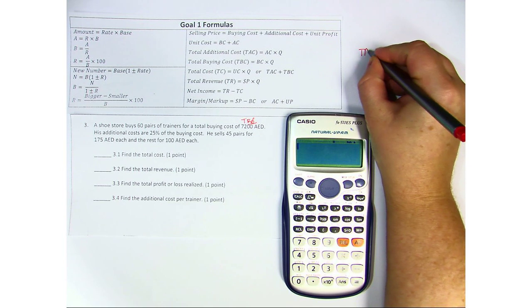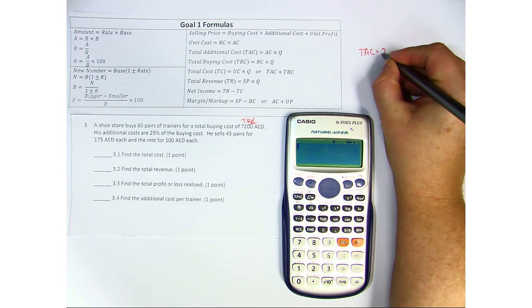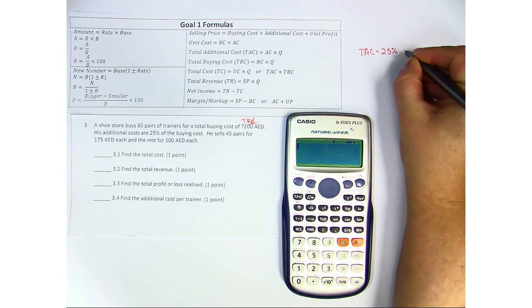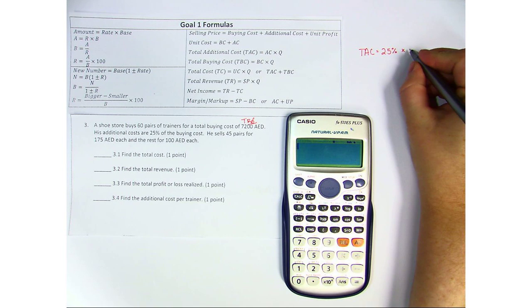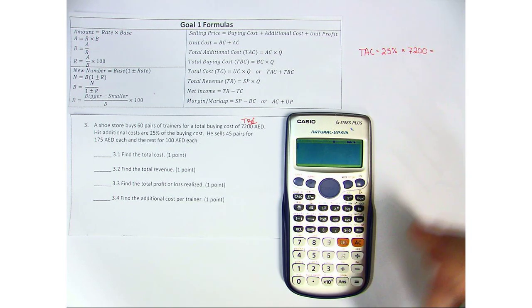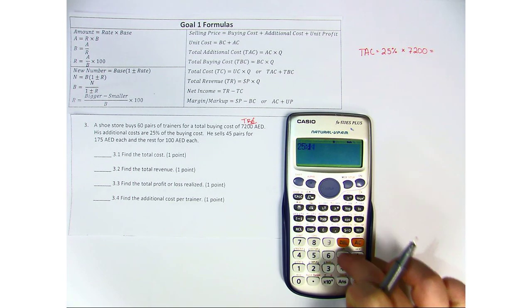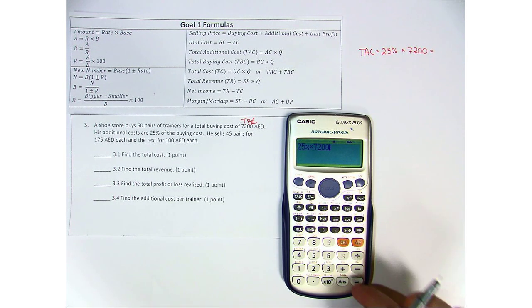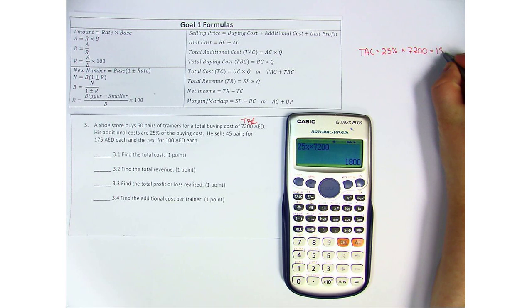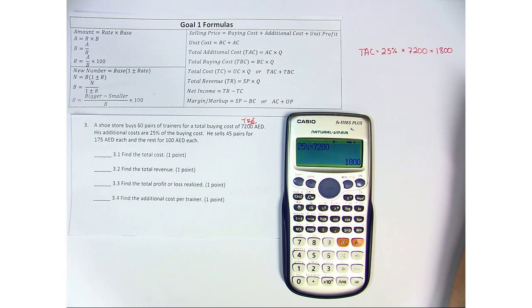So if we're looking for the total additional cost, that would be 25% of, means to multiply, the total buying cost, 7,200 dirhams. So we're going to go ahead and put that in our calculator. 25% times 7,200. And we get that our total additional cost is 1,800.